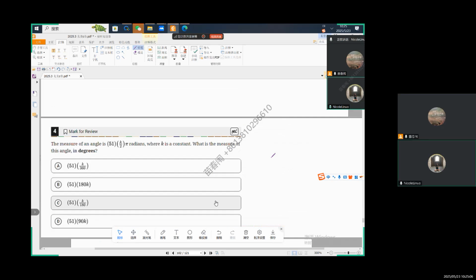I divide by pi and I times 180. Yeah, divided by pi. But then there's a 2, so I think probably D, because I have k over 2 times 180. Yeah, D.